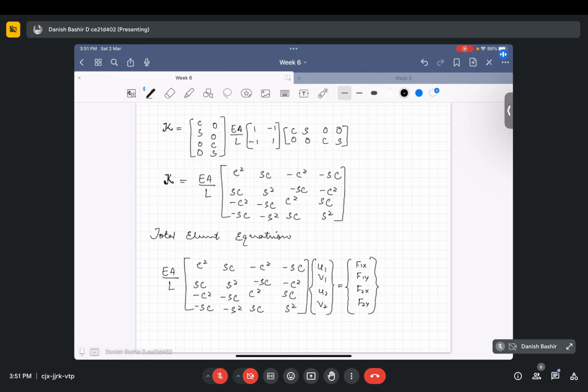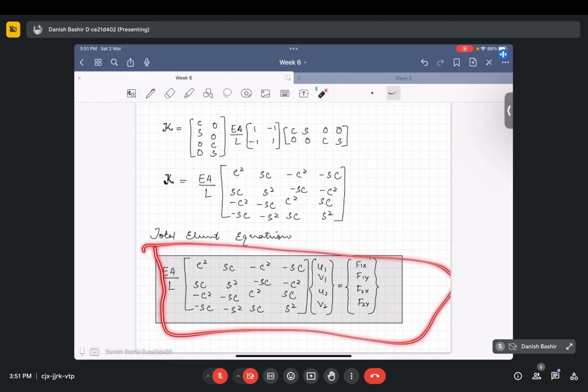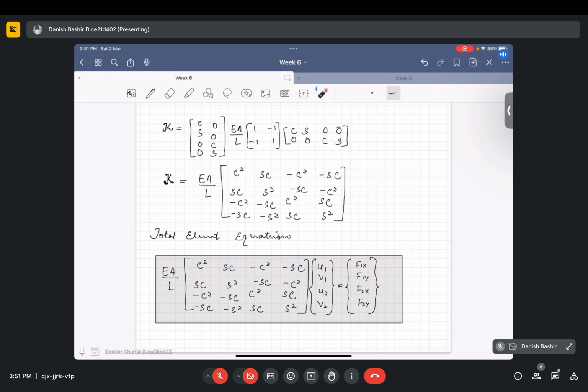So for our truss element inclined at some angle alpha to the horizontal axis, the element equation is this. We write this element equation for each truss element, then combine those element equations in the global system, and we get the finite element global system of equations for our truss.